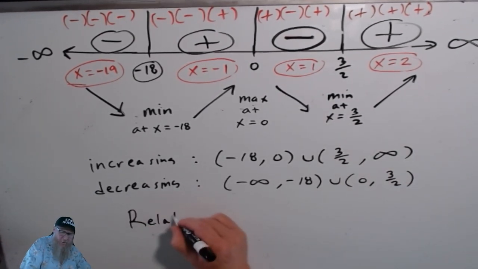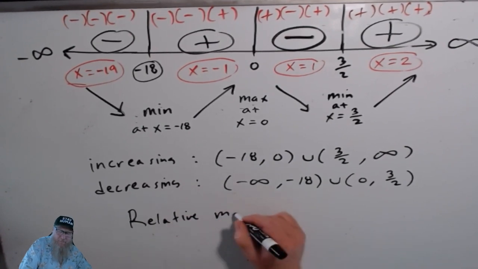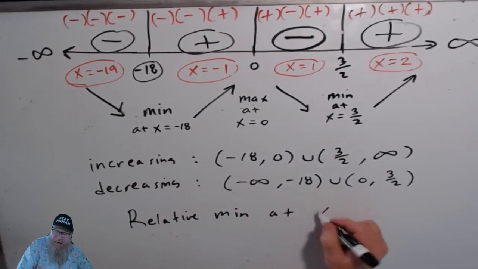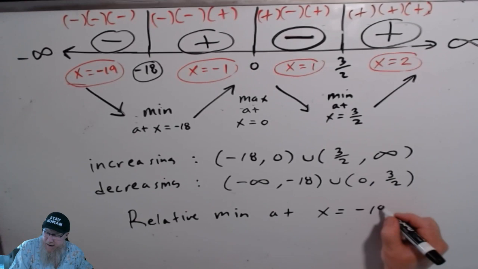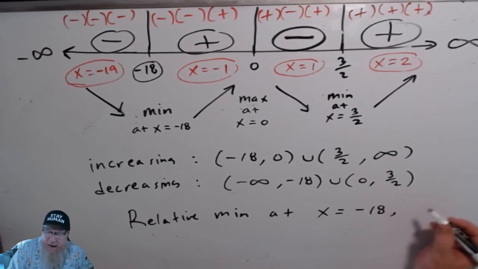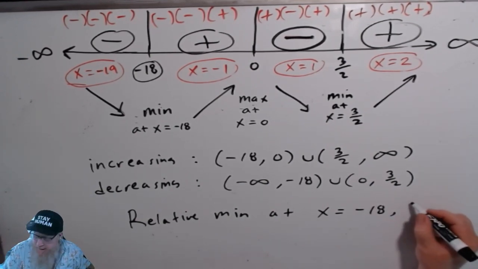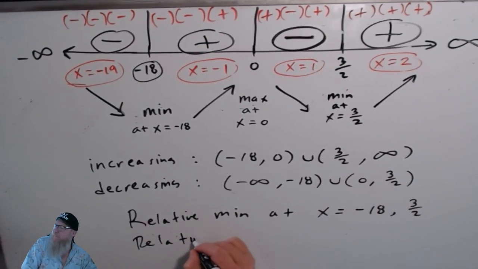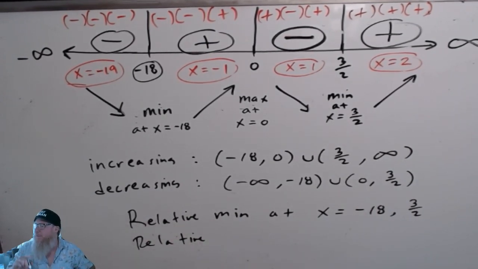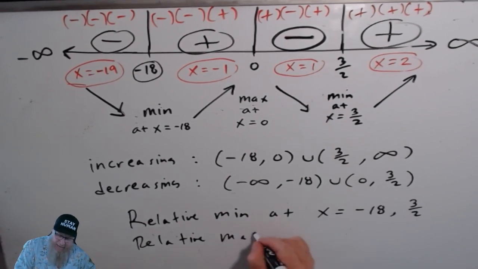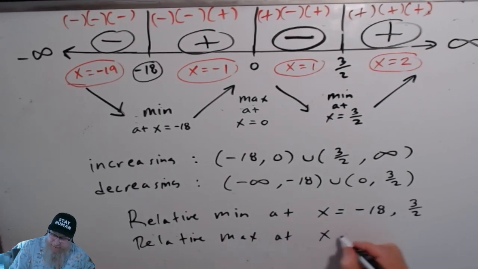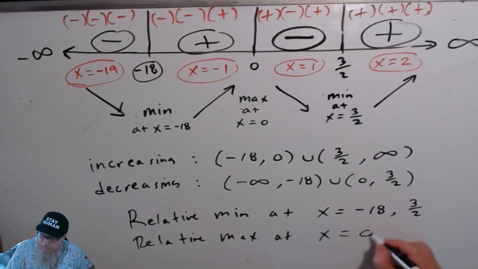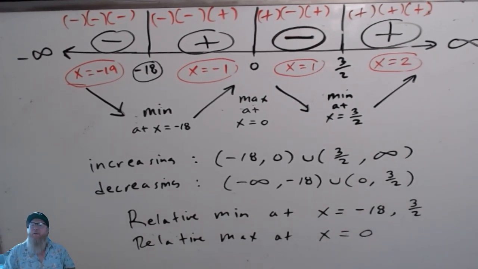Relative or local min at x equals negative 18, and I'm putting a comma, 3/2. Relative max at x equals 0. All right.